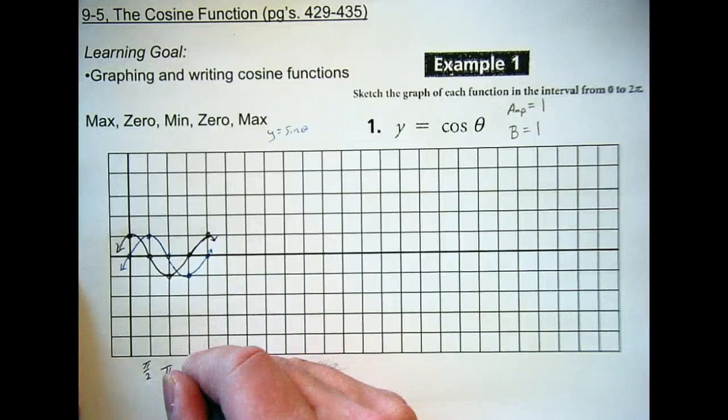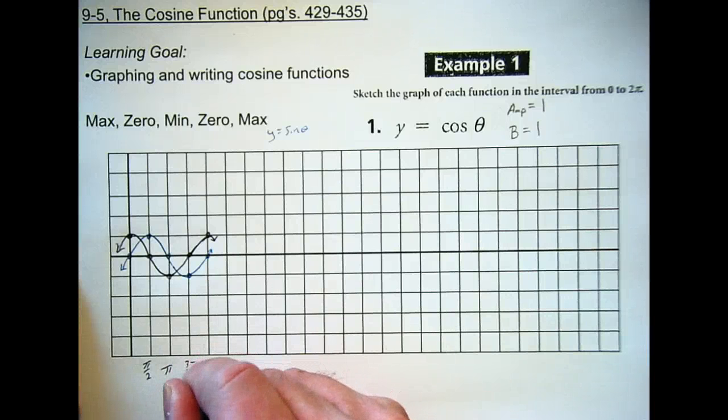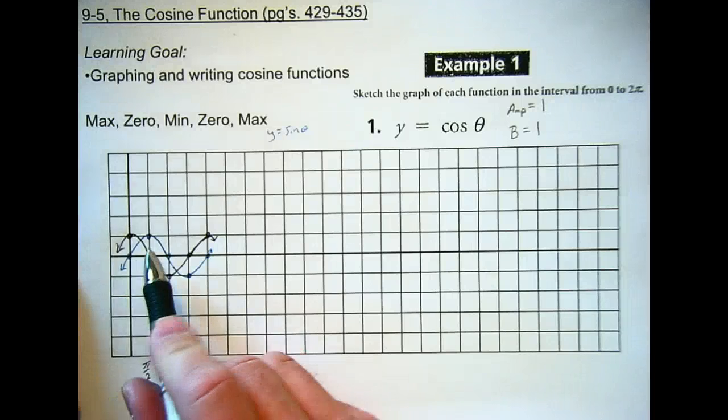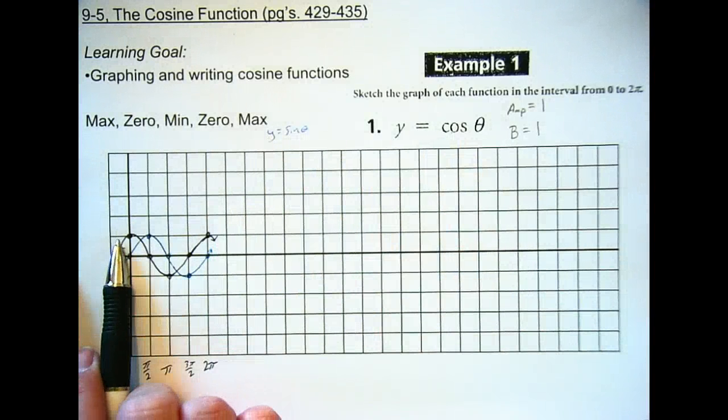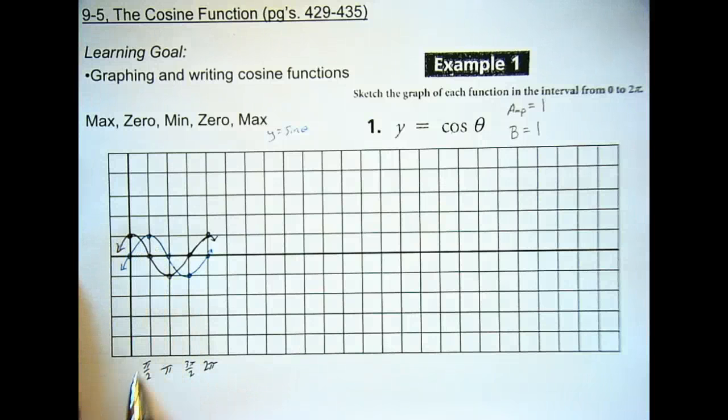So this is 3 pi over 2 right here. So when we go from y equals sine theta to y equals cosine theta, we're shifting 90 degrees. Pi over 2 is 90 degrees. Okay, that's all the cosine graph is. It's a 90 degree shift of the sine curve.